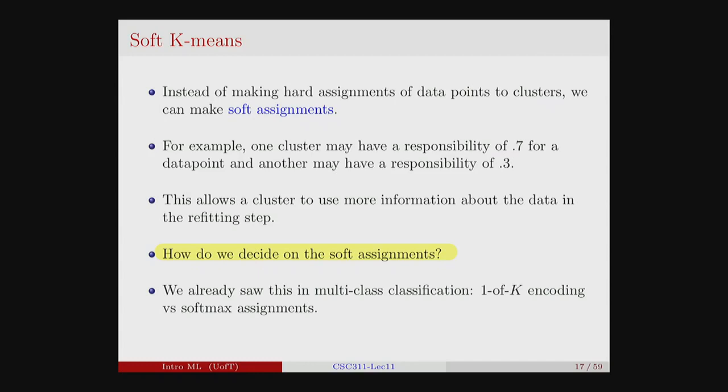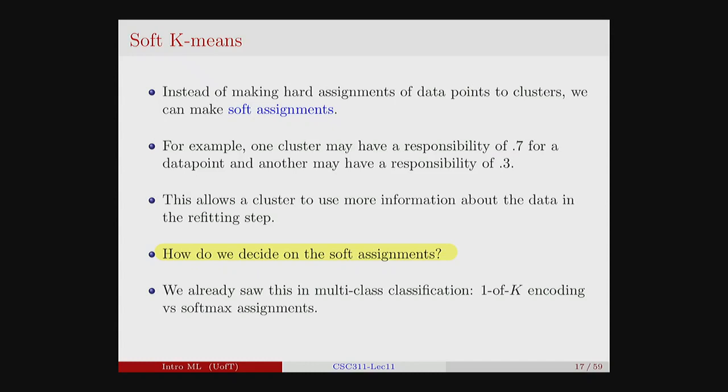But one of the limitations of k-means is essentially that every point has to be associated with one and only one cluster. And in some cases, you might be interested in a scientific problem where a point can be associated with multiple clusters. You might want an algorithm that gives you the flexibility of discovering not just the single cluster that a point is in, but potentially mixed membership of points to clusters.